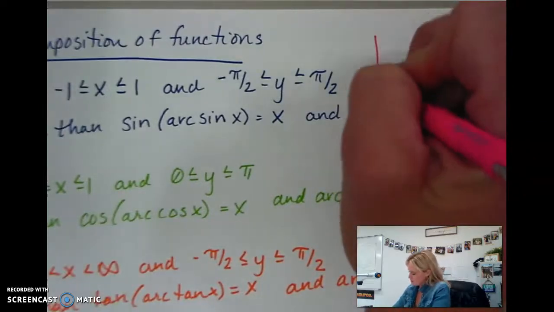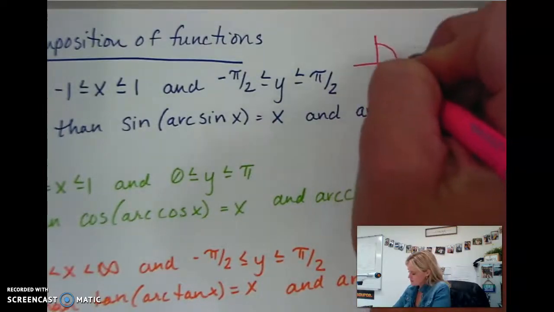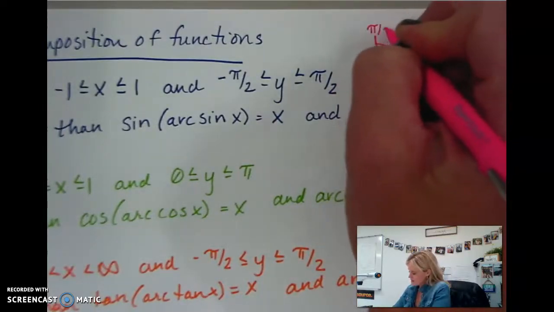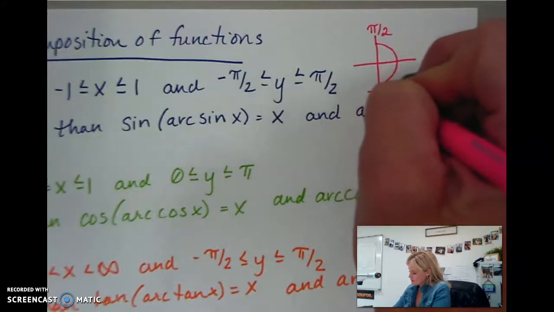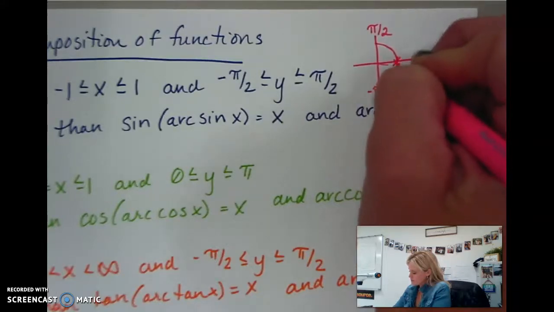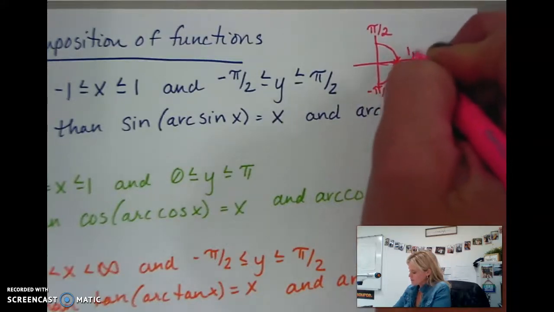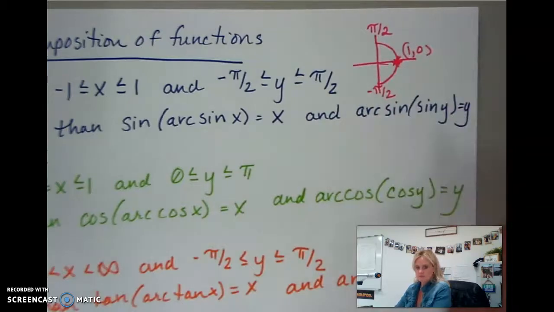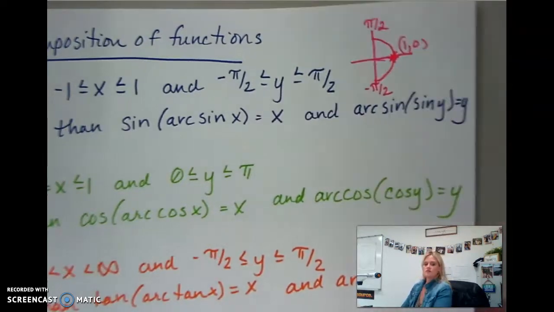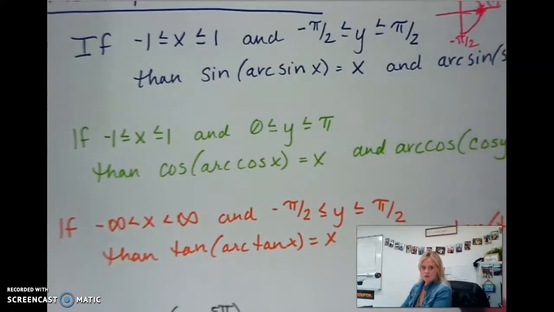Again, this is what we were talking about, the unit circle from half a pi to -half a pi. And remember, on the unit circle, the furthest it goes out is 1. Okay, this also works for cosine.